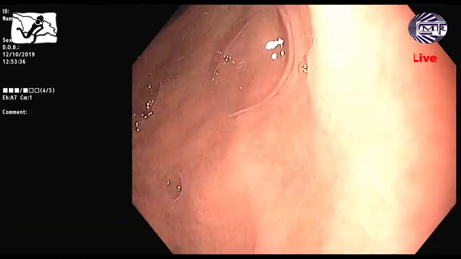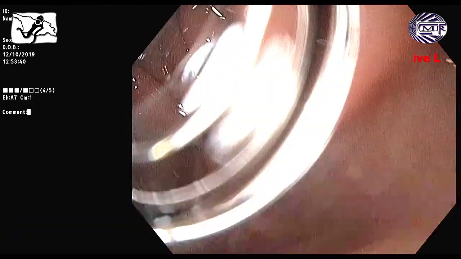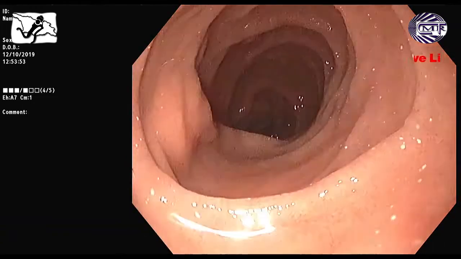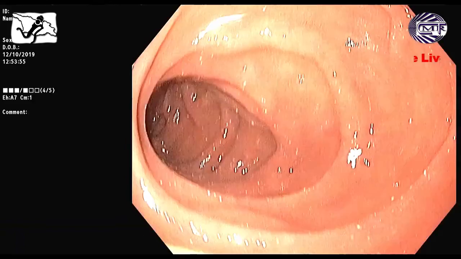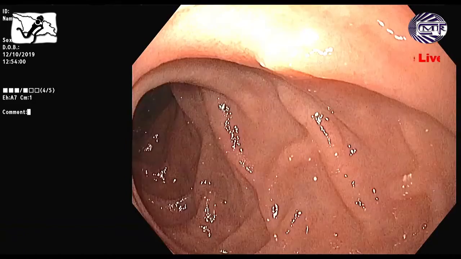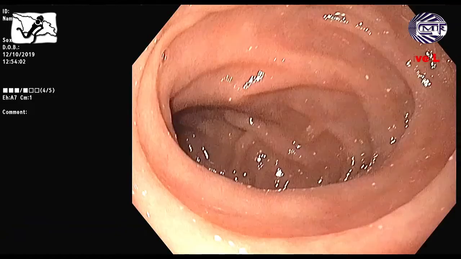Okay. Let's get in the duodenum first. This is pyloric ring, duodenal bulb, and right tongue, a little bit up, and check the second portion, and a little bit pull back the scope like that. Okay. The descendant part. Yes.